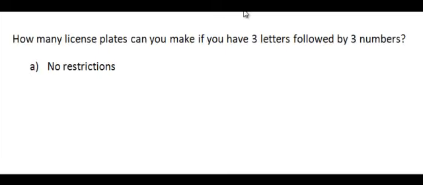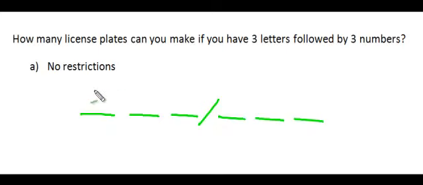Now we're going to apply the multiplication principle of counting. We want to know how many license plates we can make if we have 3 letters followed by 3 numbers. The first time we're going to try it, we have no restrictions. So we have 3 letters, 1, 2, 3, followed by 3 numbers.